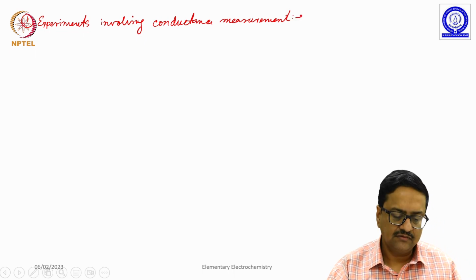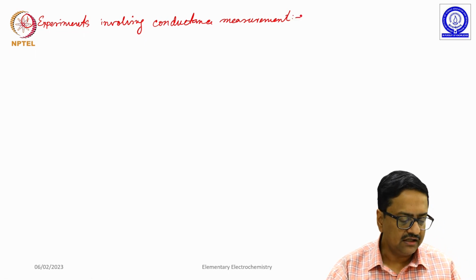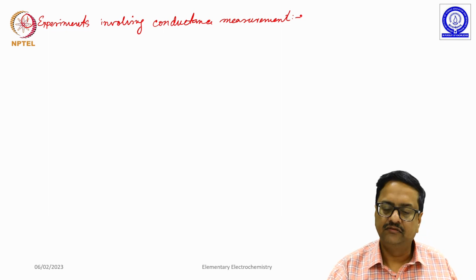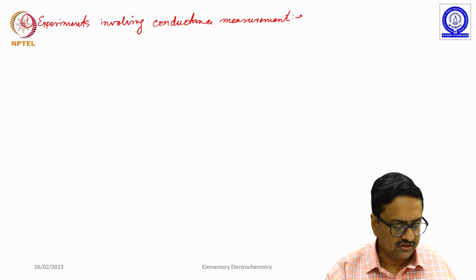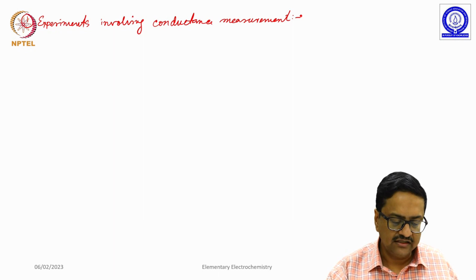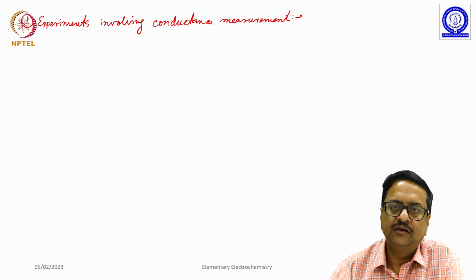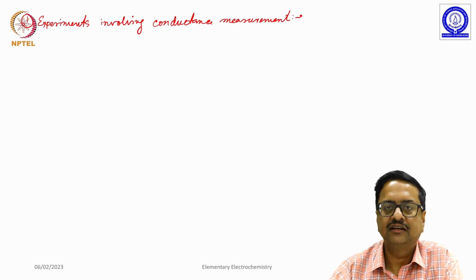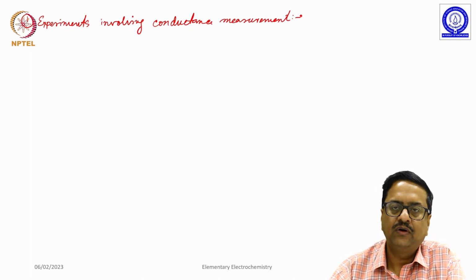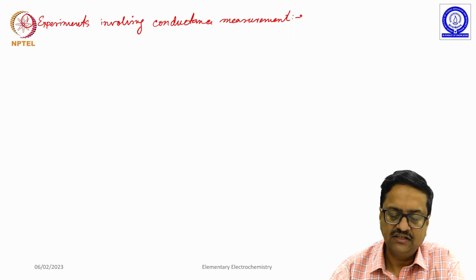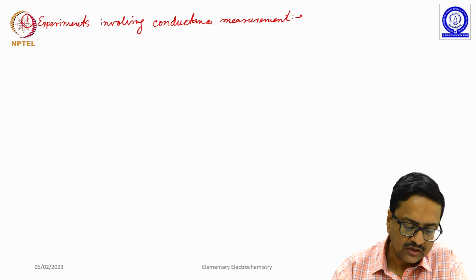For these experiments, what we need is a conductivity cell, which we have drawn in the past, and the cell should have a suitable electrode, normally a platinum electrode of 1 square centimeter area, kept 1 centimeter apart, and the cell constant is then 1.